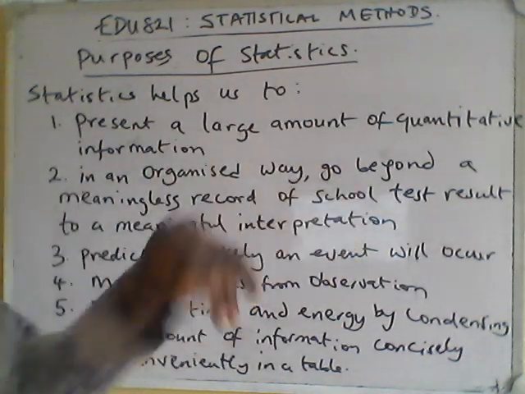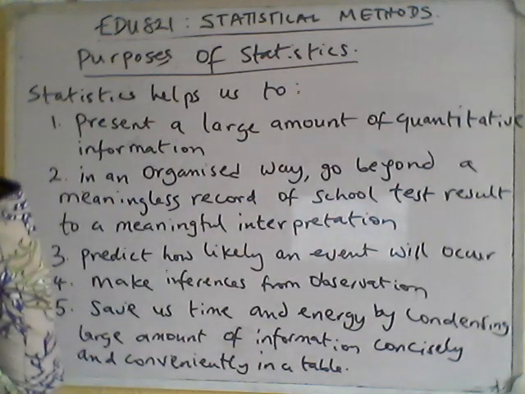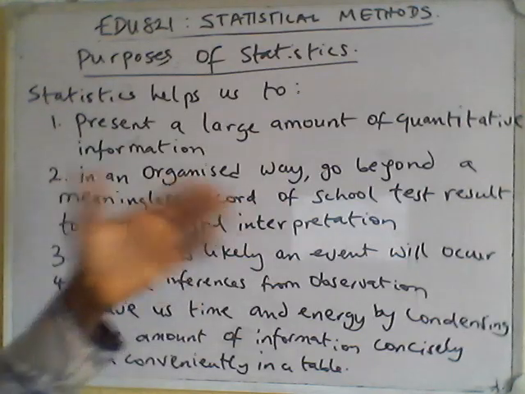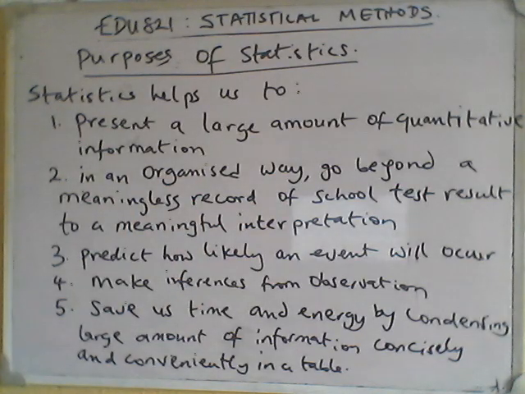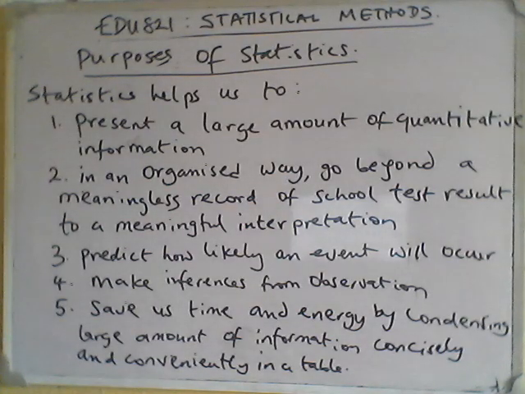of school test results to a meaningful interpretation. This school test result is just an example of where it's applied. You can as well use it where you just see results, like so-and-so student scored so-and-so. You can see things like the average.